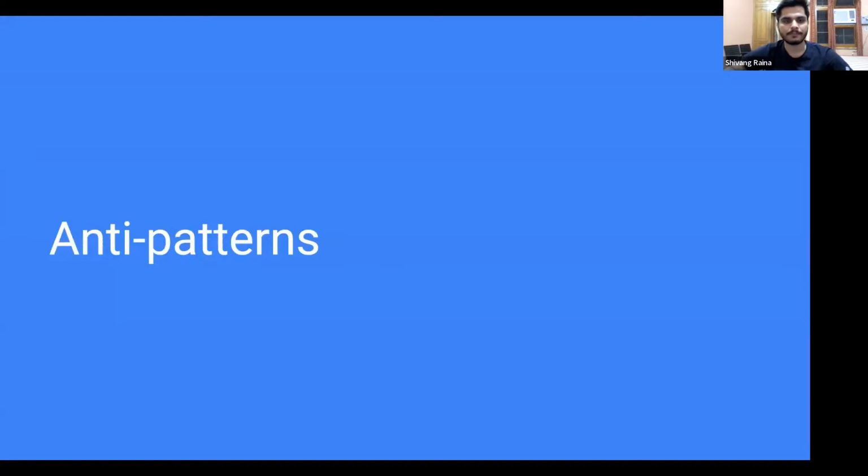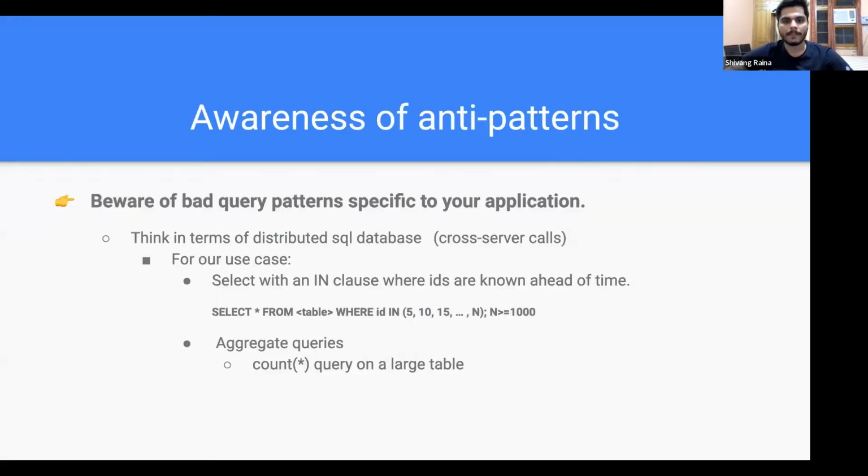Next, now I will talk about some of the anti-patterns that we faced during our migration to YugabyteDB. So one of the key things would be to be aware of the bad query patterns that can affect your cluster.